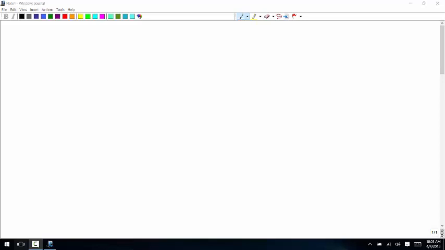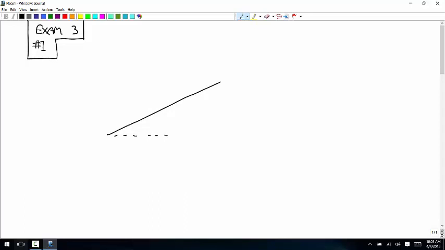But I do want to go through problem number 1, the rolling without slipping problem, because that's an important thing. Okay, so the problem says this is at 30 degrees.